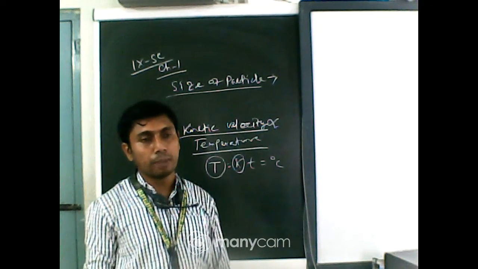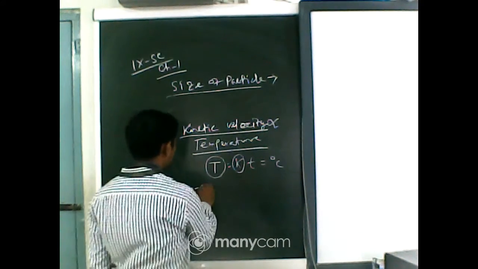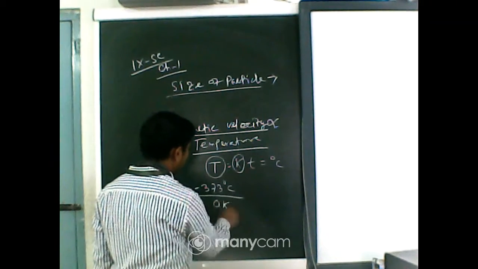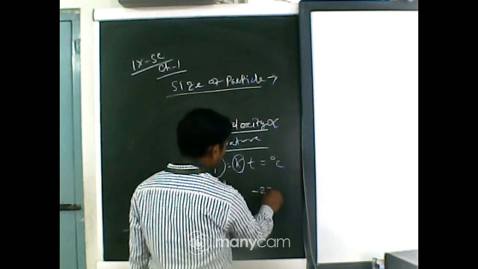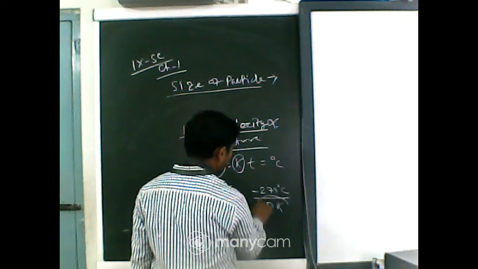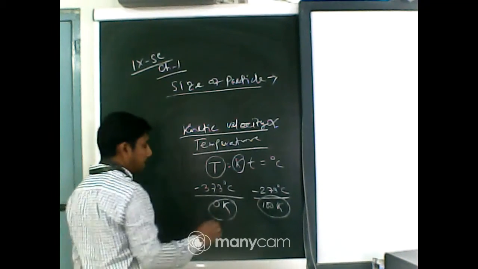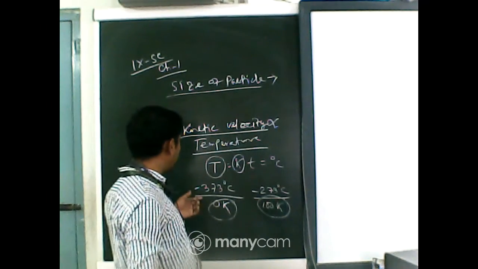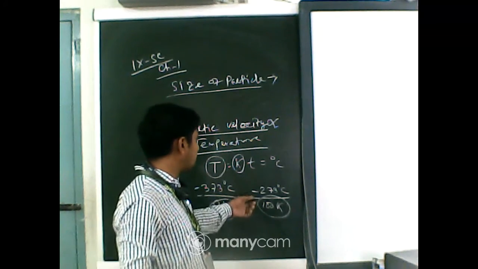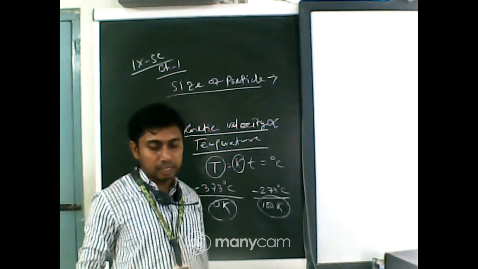Here, minus 273 degree centigrade is 0 Kelvin, and 100 degree centigrade equals 373 Kelvin. It is a scale to measure temperature, where the least point is minus 273 degree centigrade.